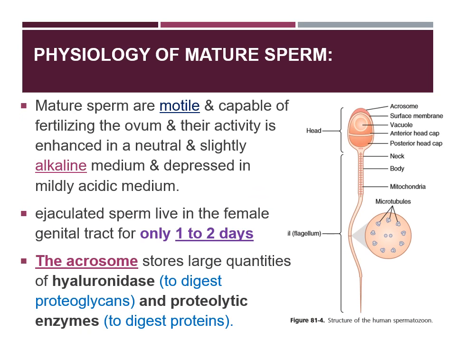Now, the characteristics of the mature sperm is that they are composed of head and tail, which is the flagellum. And mature sperms are capable of movement, are motile, and also they are capable to fertilize the ovum.